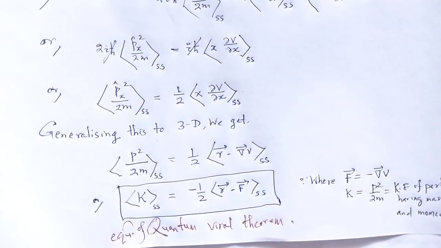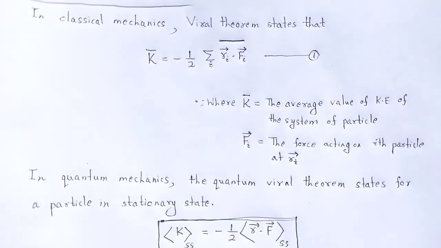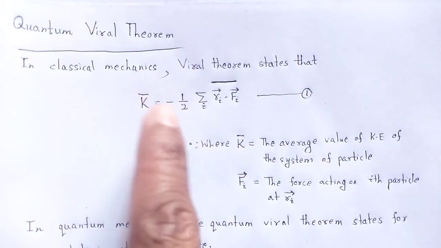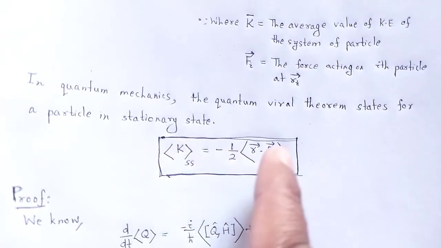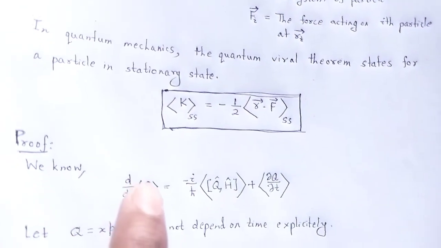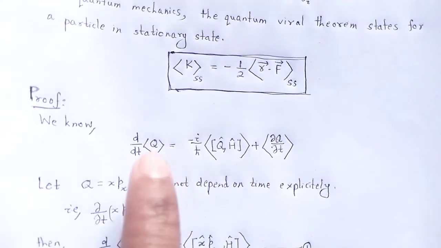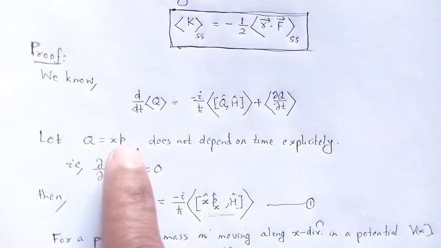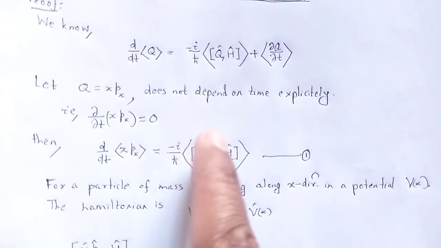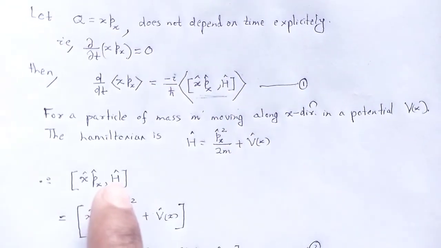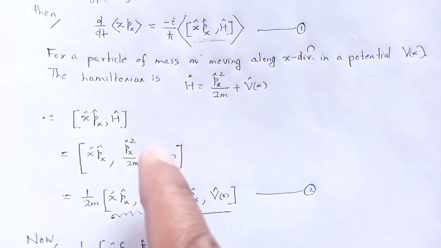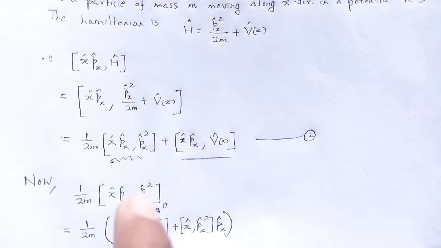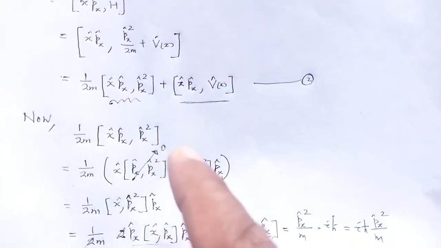So, with the help of this visual lecture, we understand what the Virial theorem in quantum mechanics is. This is the equation for the Virial theorem in classical mechanics. We transform it to the Virial theorem in quantum mechanics and its proof by using Heisenberg's equation of motion or constant of motion in quantum mechanics. Just put xpx for q and simplify the commutation bracket relations, implement the Hamiltonian factor here. These two commutation relations are solved.